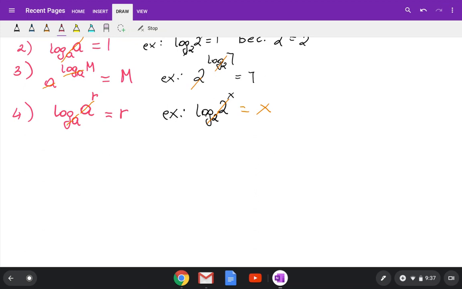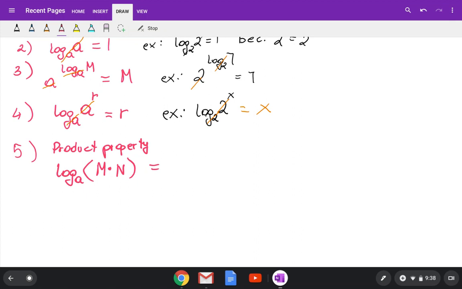Number 5, and this one we're going to use a lot. So this is the product property, number 5. Okay, so you're going to have a log of base A, and the input will be the product of m times n.